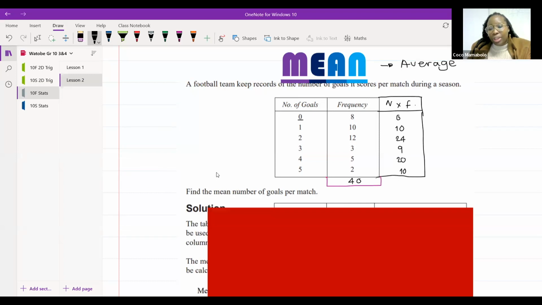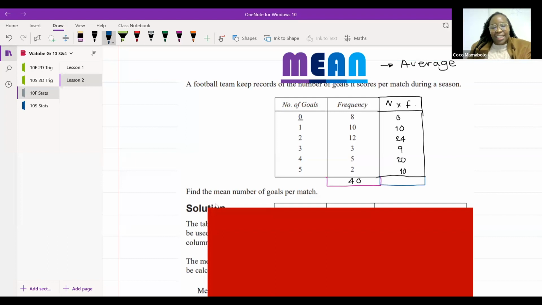Good. Now, my question is, how many goals did we score in the 40 games that we played? So, do I add the other side? That's it. We're going to add all of them up, right? Guys, it's not 50.